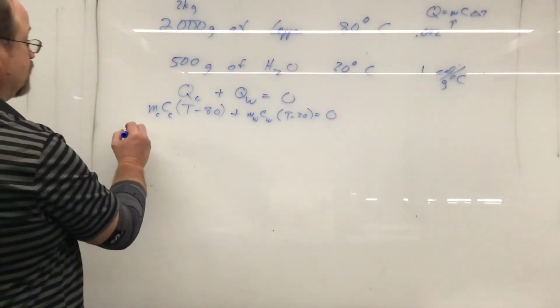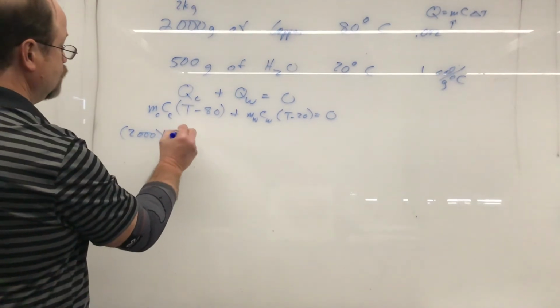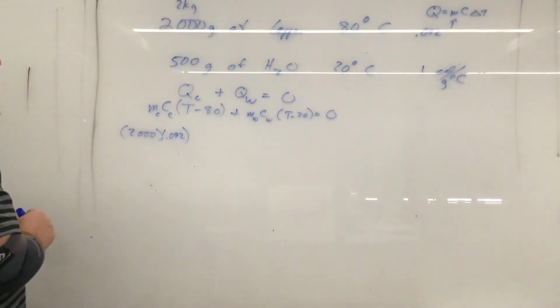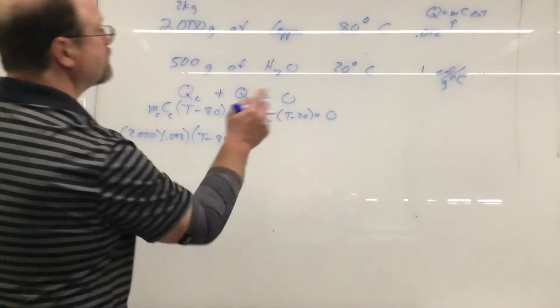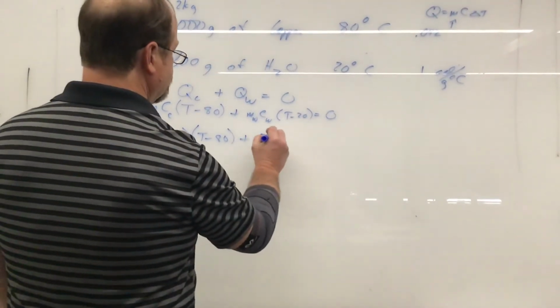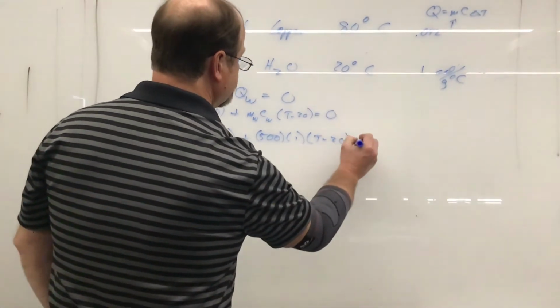Okay, so what do I have? I've got 2,000 grams of copper. I've got 0.092 as the specific heat of copper, times T minus 80, plus the mass of water, 500 grams, times 1, times T minus 20.